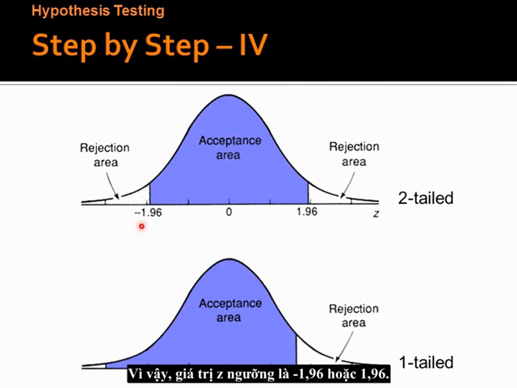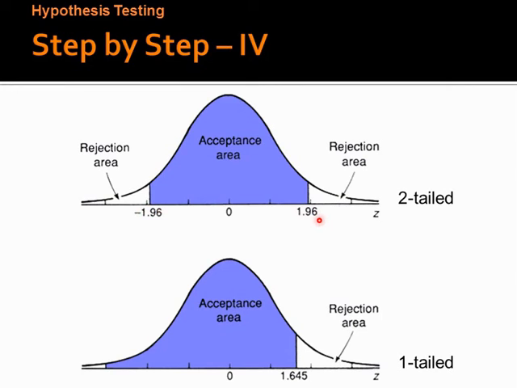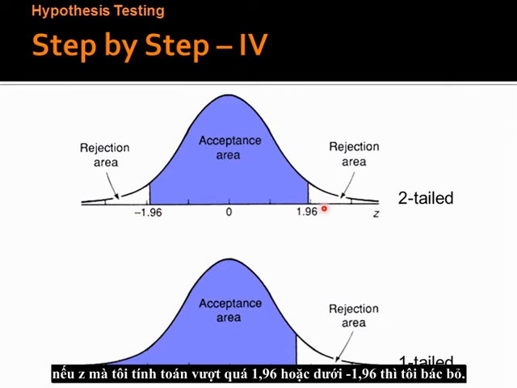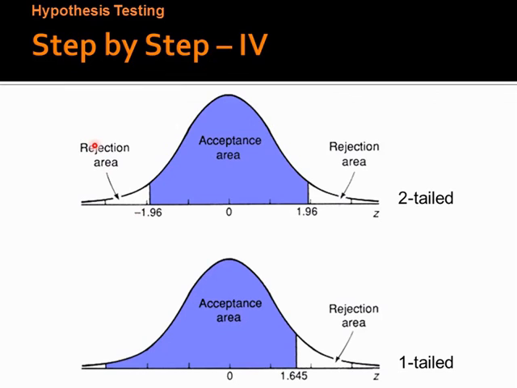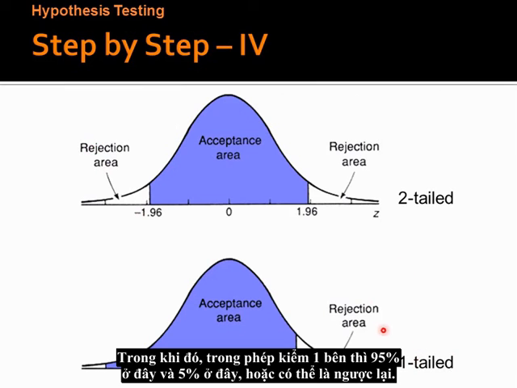Anyway, so the Z value, the threshold that I'm aiming for, is either negative 1.96 or positive 1.96. Okay, so if the Z that I calculate either exceeds 1.96 or goes below negative 1.96, rejection. In comparison, for one tail, I'm now saying that 95% is here and 5% is here, or it could be the other way around.